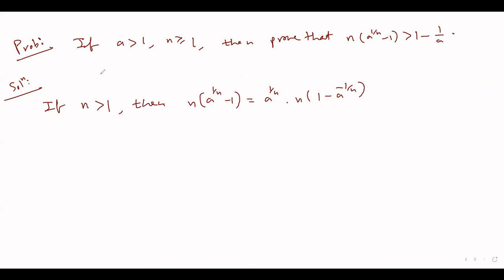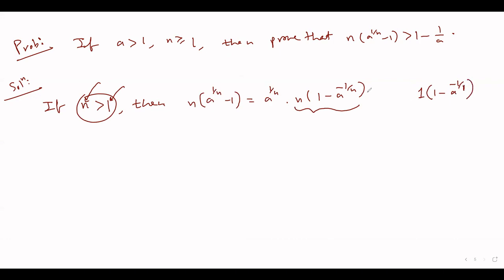Now, n is greater than 1. So if you consider 1 as an integer and n as another integer greater than the first integer 1, then what is this expression if you put n equals 1? It's just 1 into 1 minus a to the power minus 1 by 1.